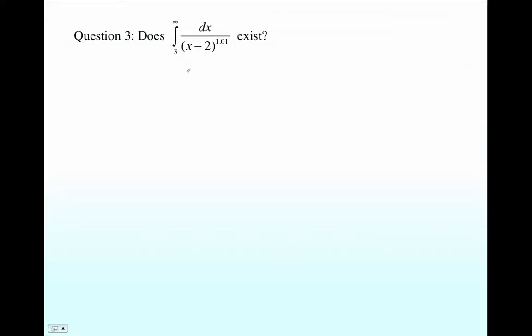What about this integral? Does it exist? Now, for large values of x, that is at the upper range of integration, the 2 does not matter. And so really we need worry only about x to the power 1 plus epsilon. And this is just x to the power minus epsilon over 1 plus epsilon.